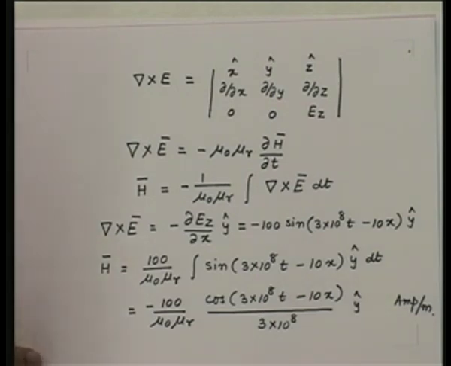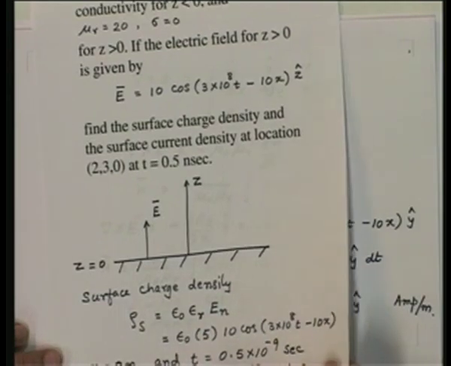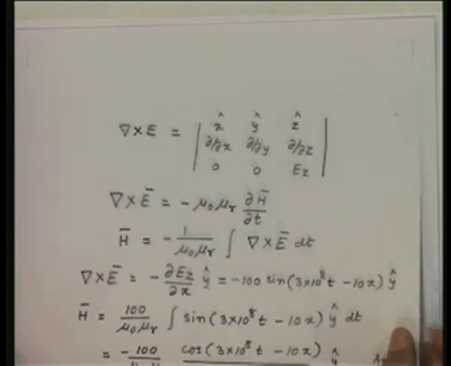So, now I know the magnetic field, which is y oriented. If this direction is z, then the y oriented magnetic field will be tangential to this conducting surface, and then we can find n cross h, which will give me the surface current.